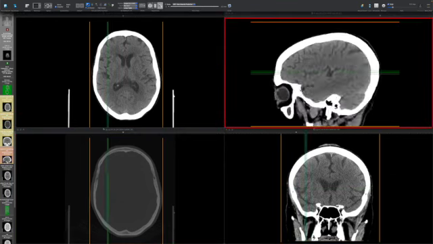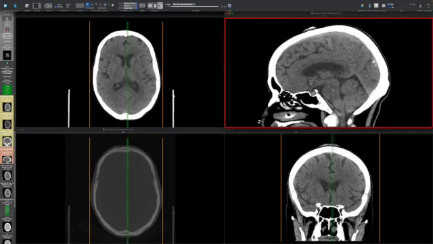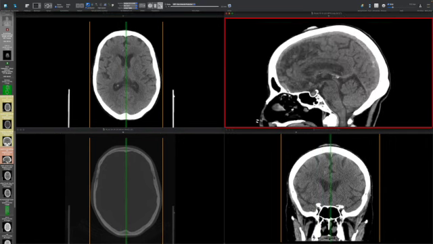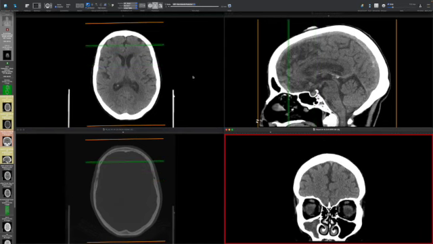Then we have sagittal and coronal reconstructions in a soft tissue kernel with window and level settings optimized to look at the brain. So that's the routine head CT protocol.